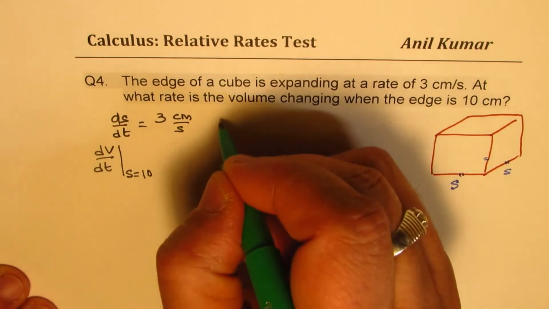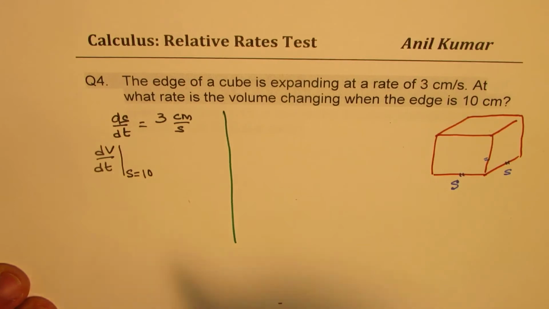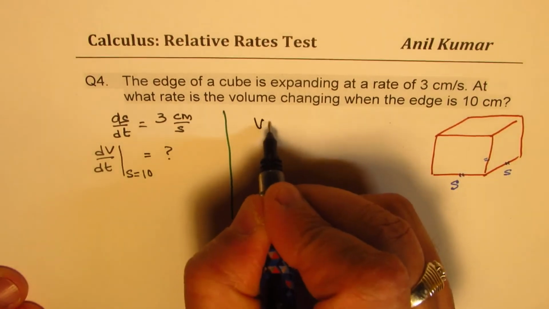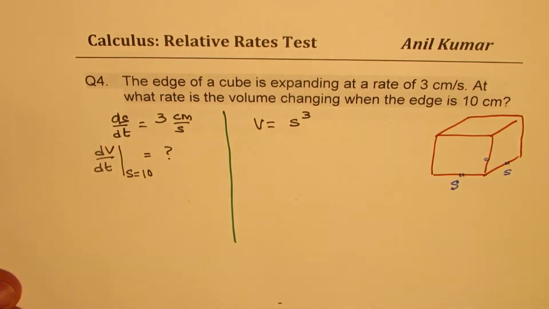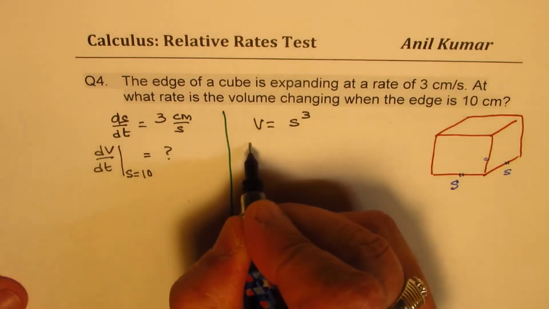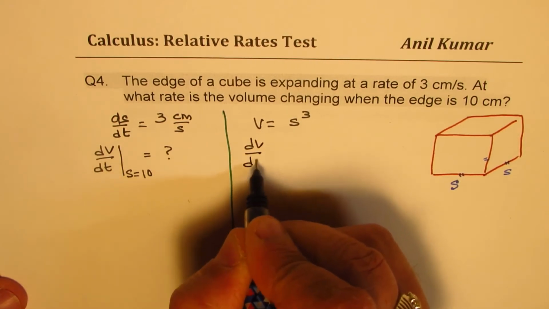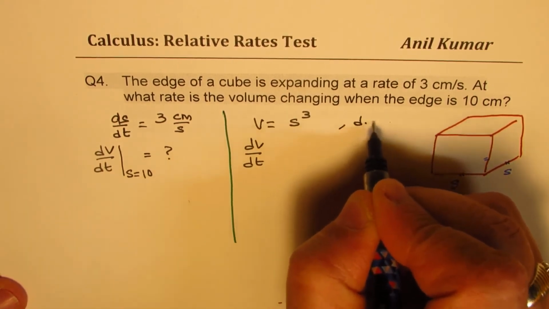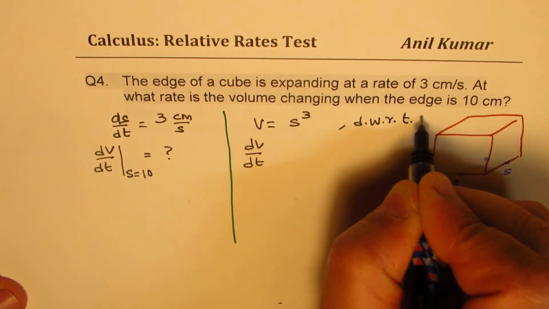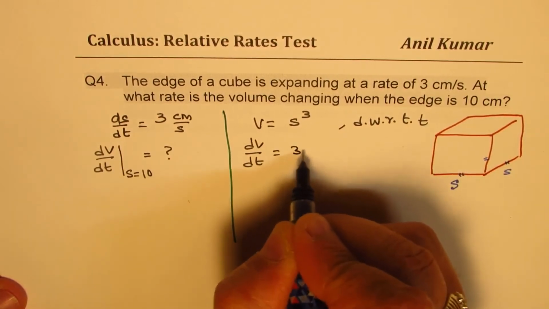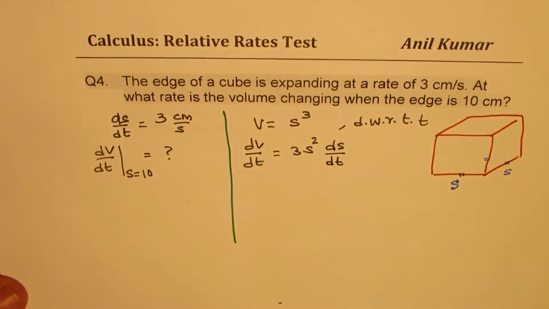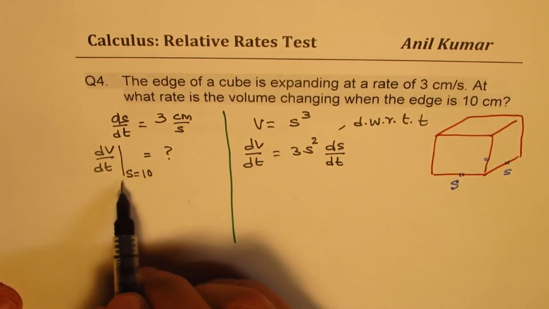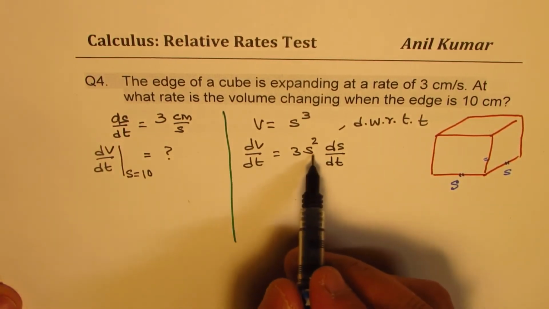Now, we know that the volume of a cube is equal to S cubed, right? So differentiating with respect to time, we get dV/dt equals 3S squared ds/dt. So at S equals 10, we can just substitute the value.